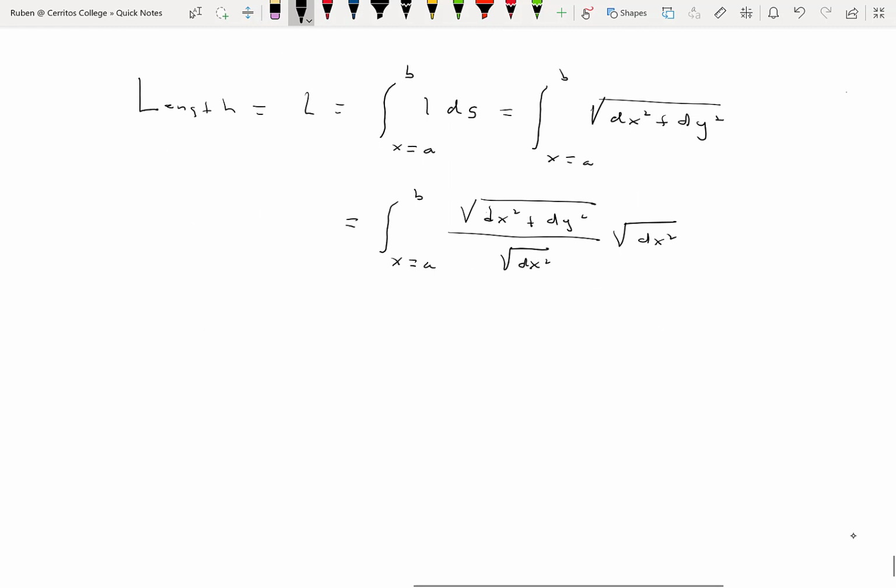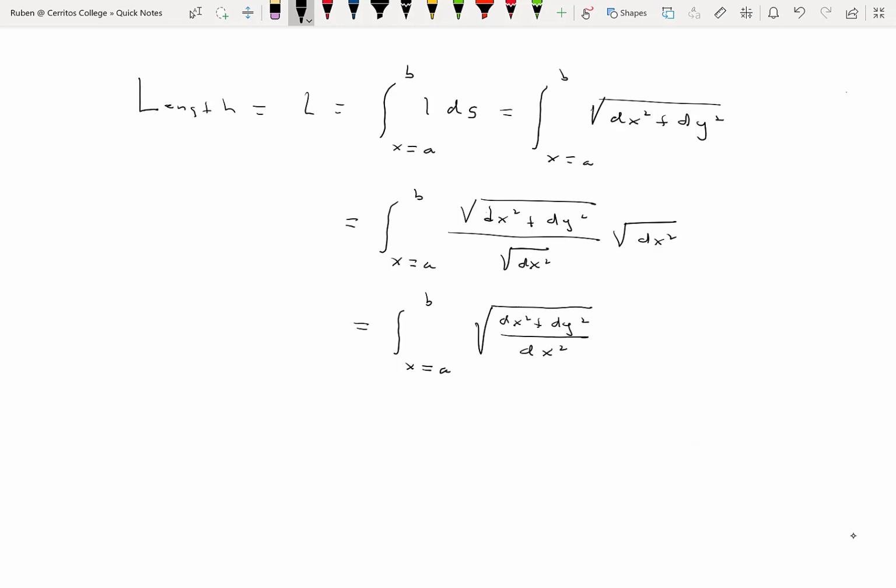You know, we're assuming that dx is an infinitely small change in x. In fact, we can assume that it's positive. So this is x goes from a to b, and combine to one radical, at least the stuff in the middle of this integral. We can write this as the square root of dx squared plus dy squared over dx squared.